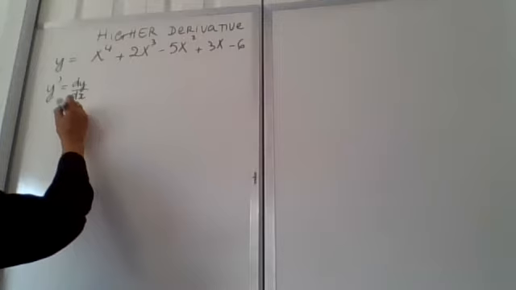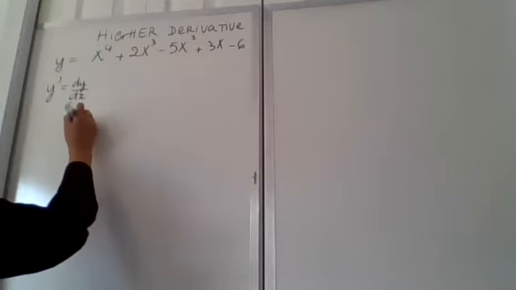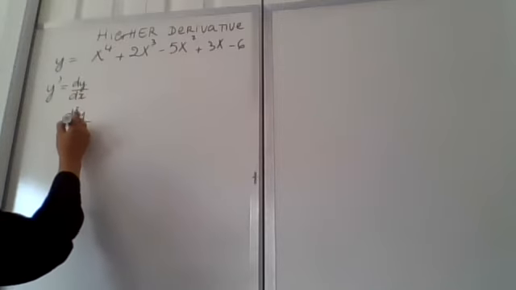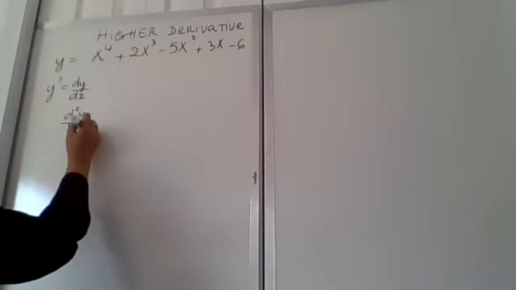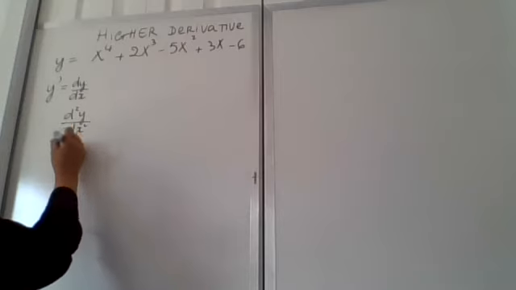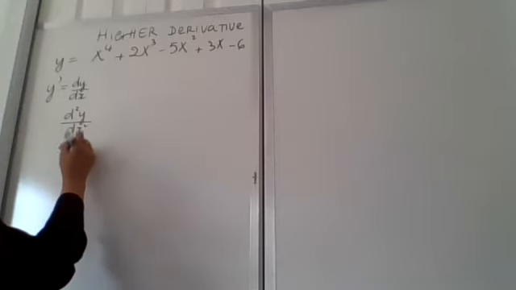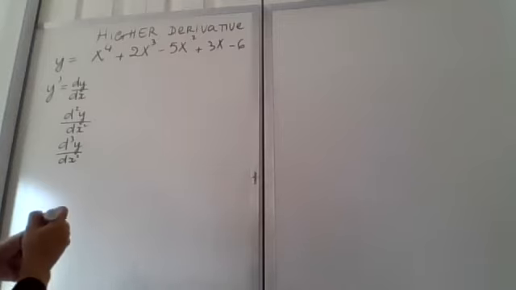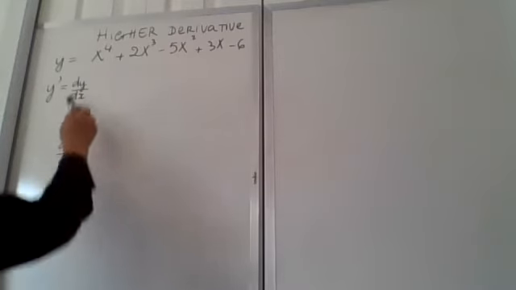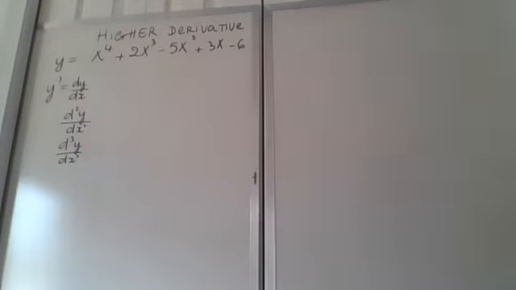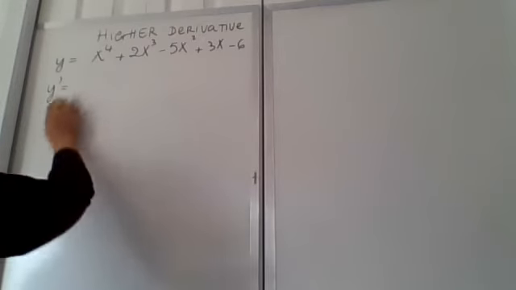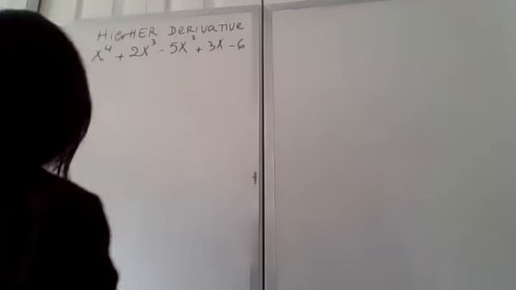For the second derivative, the notation is d squared y over dx squared, and the third derivative will be d to the power 3 y over dx cubed. But let's forget about this notation for now. It's just a different way teachers use in different textbooks, so let's use a very simple one here.